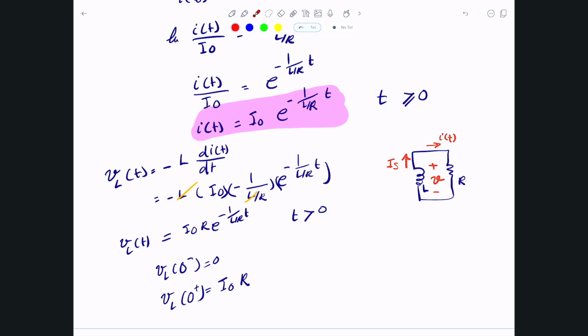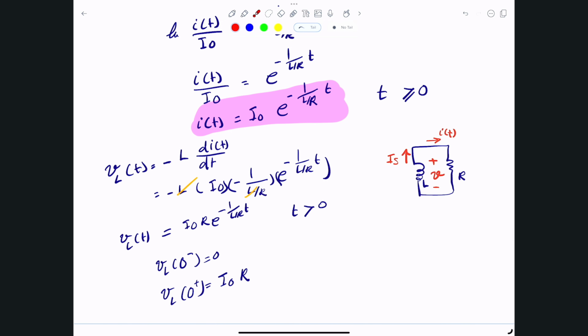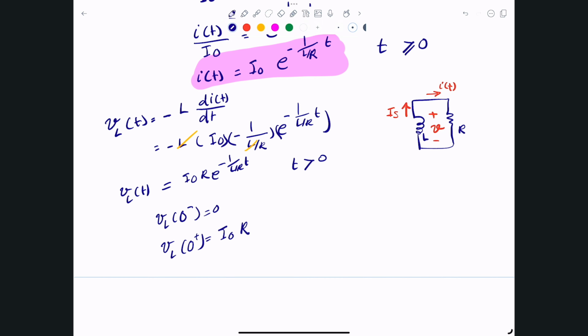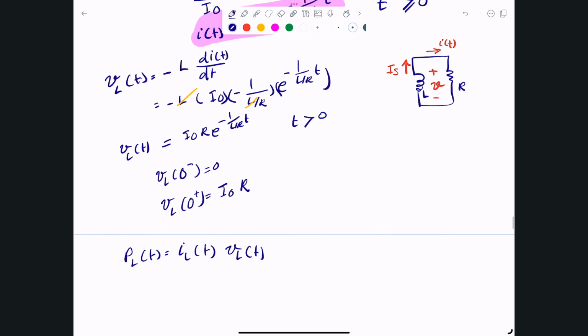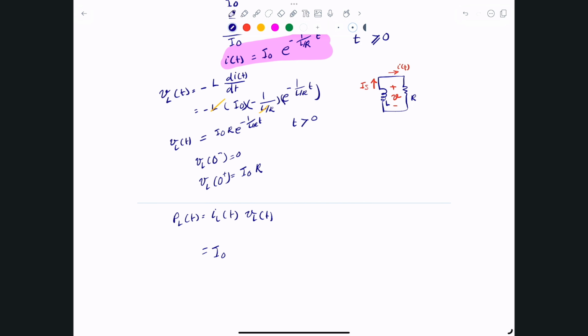Okay, and of course you can continue by computing, for example, let's assume that I wanted to compute the power, I can do that. So let me do that for you. The P of L of t is simply IL of t times VL of t. So we multiply these two, and we have I0 e to the -1 divided by L divided by R t, and the whole thing we multiply by I0 R e to the -1 divided by L divided by R of t.